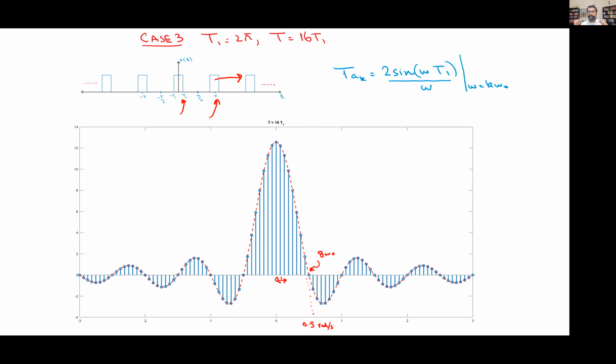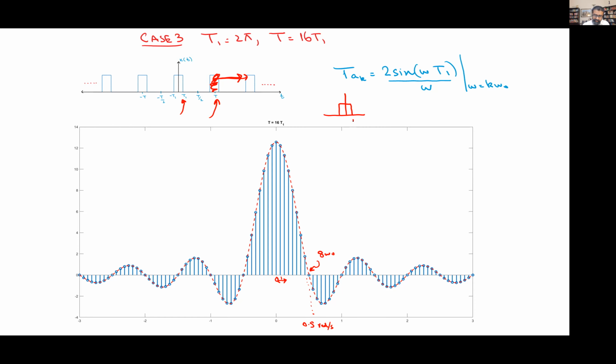That happens when capital T goes to infinity in the limit, right? If I take it to infinity, this pulse goes so far away that it's no longer there. And ultimately, in that limit, you just have a signal which looks like the square pulse and nothing else.